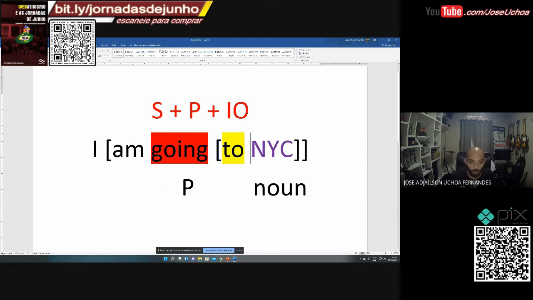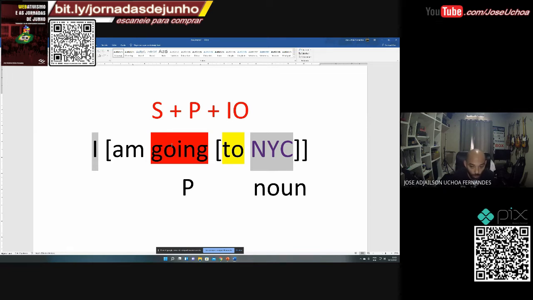And the relationship of my going and New York City needs a direction. I need to indicate the direction, and the direction is to, okay? So I am not in a direct relationship with New York City. I am in a relationship with New York City that is mediated by the verb to go. Is it clear now the example of subject, predicate, and indirect object?